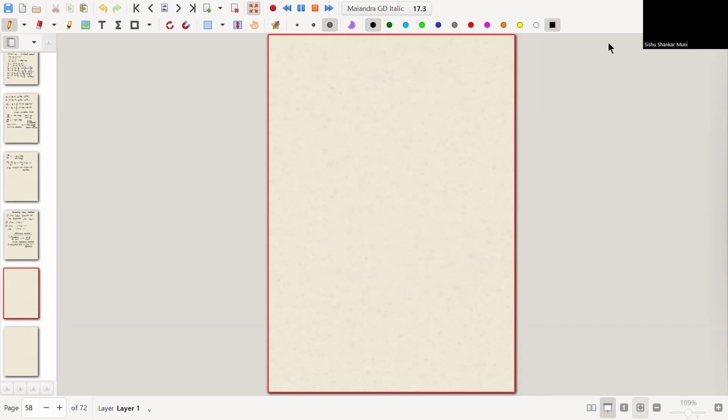Suppose this is the ground, just a fun example, and say this is your target, and this is your tanker. Now the tanker will be firing missiles or something like that.